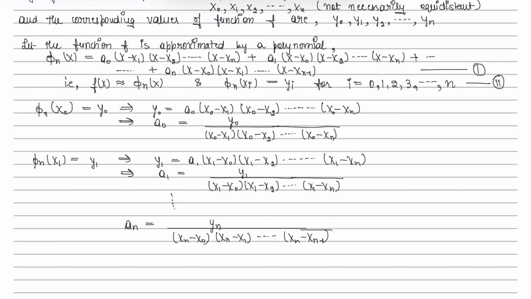Substituting these values of ai's in phi of x, it will be phi n x is equal to x minus x1, x minus x2, so on to x minus xn whole divided by x naught minus x1, x naught minus x2, so on to x naught minus xn into y naught, plus and so on.